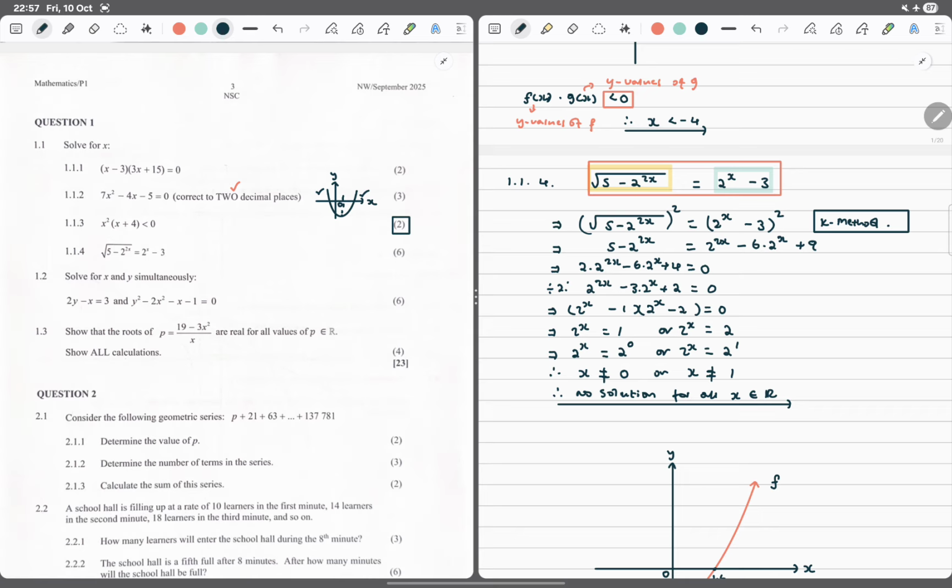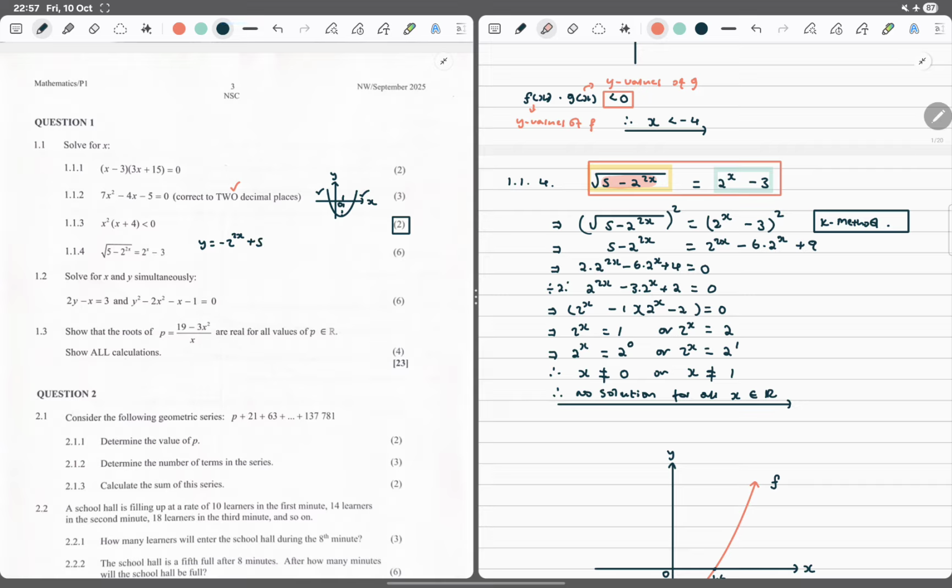But if we zoom into what is under the square root, we will see that what is under the square root is an exponential equation of this order: y is equal to -2 to the exponent 2x plus 5.